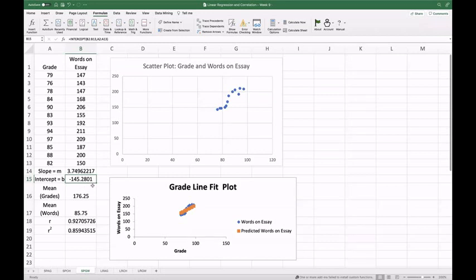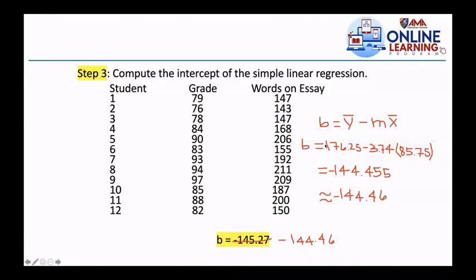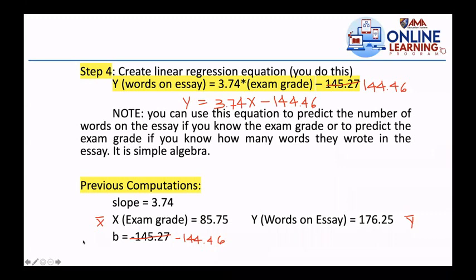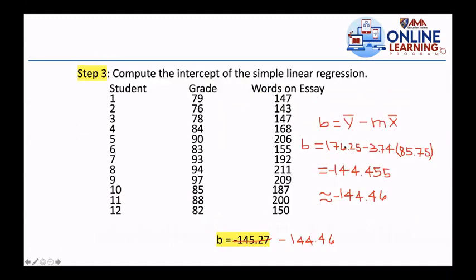So it's the correct one. However, the reason for the difference is because these are all approximations. We approximate the mean of the y. We also approximate the mean of the x and the slope. That is why we get a value different from the other one. That's possible. So this one or this is okay, no problem.